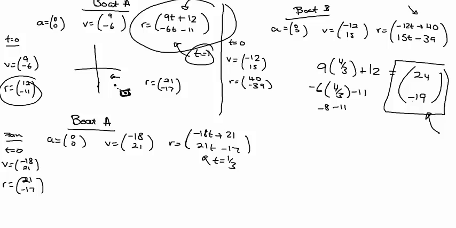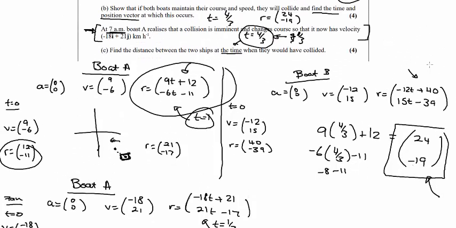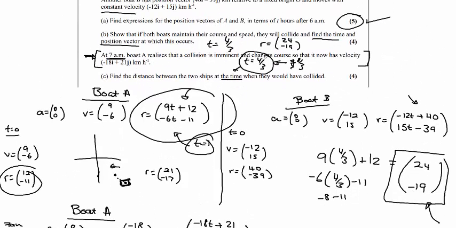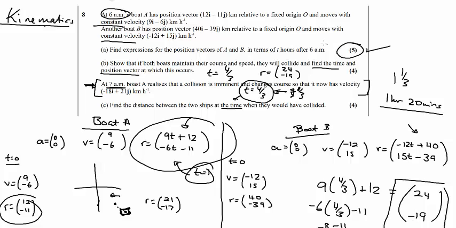Another way to think of it: you know how it said 4/3 hours? That's 1 1/3 hours, which is like saying 1 hour and 20 minutes. So if they went off at 6 a.m., they would have collided at 7:20 a.m. Does that make sense?